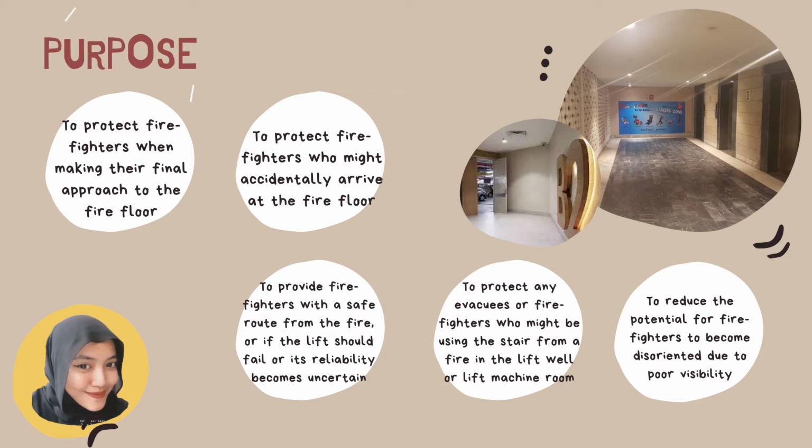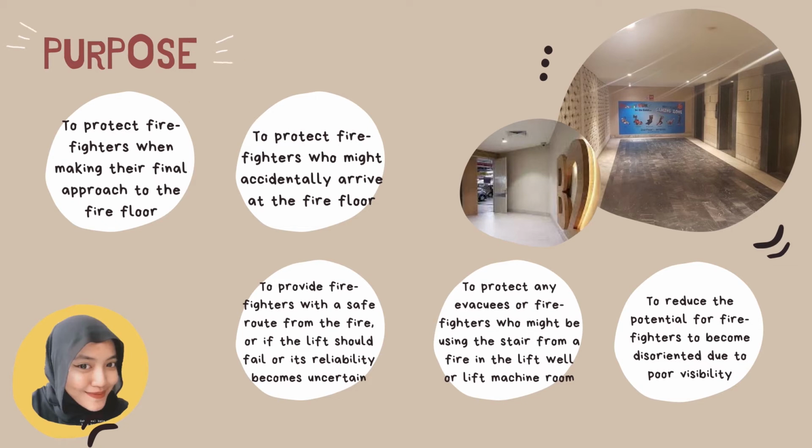Third, to provide the firefighters with a safe route from the fire, or if the lift should fail or its reliability becomes uncertain, which means when the lift is broken, damaged or failed, the firefighters can reach the lobby using a stair. Like Nazira Arif has explained, there are two types of route, which are one route stairs and two route stairs.